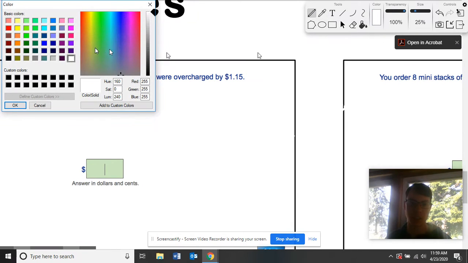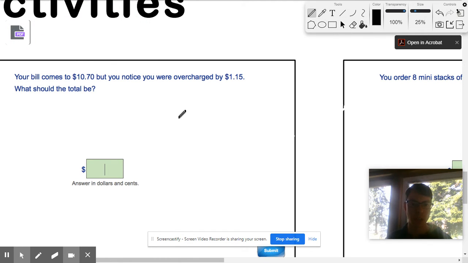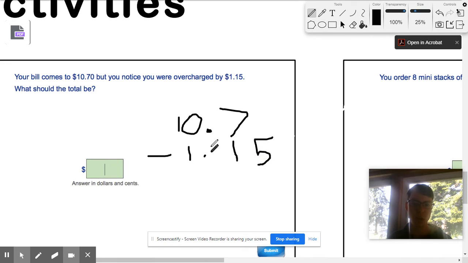I'm going to change the color here. So this is what the operation will look like. 10.7 take away 1.15, and it's important to line things up properly here, always using that decimal as an anchor point.